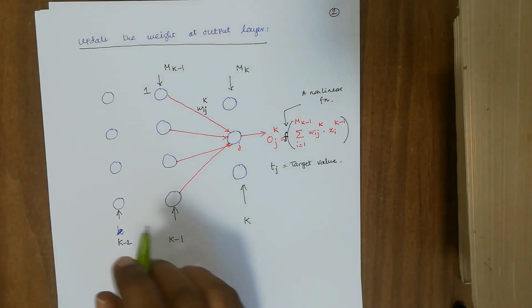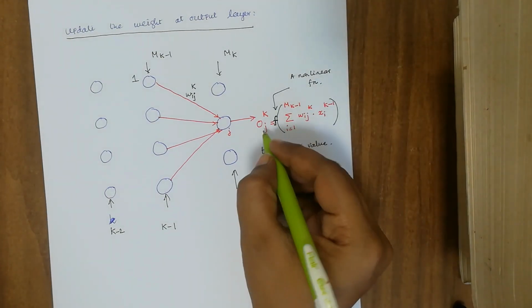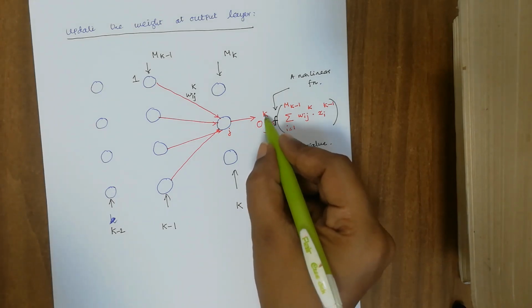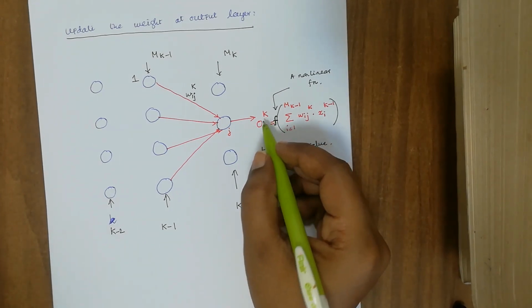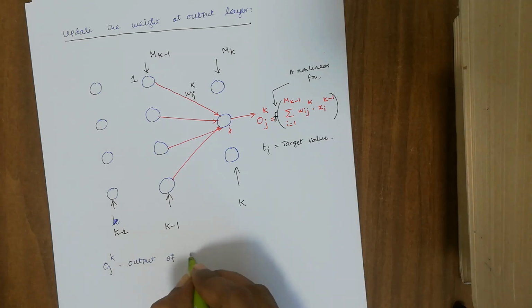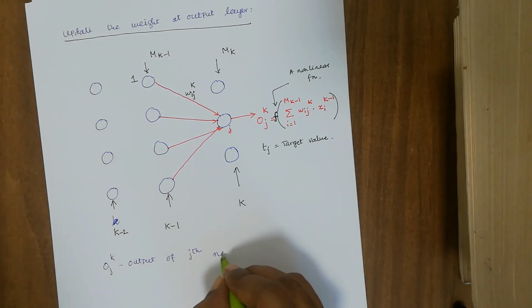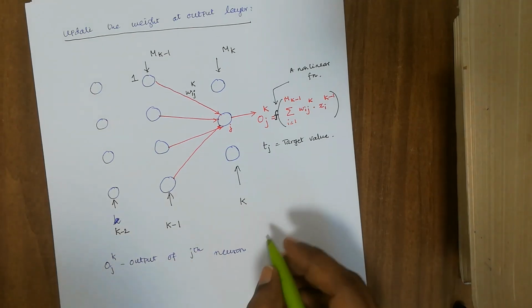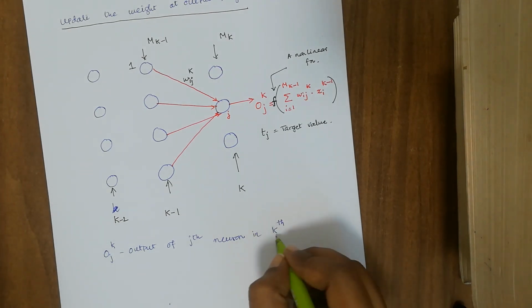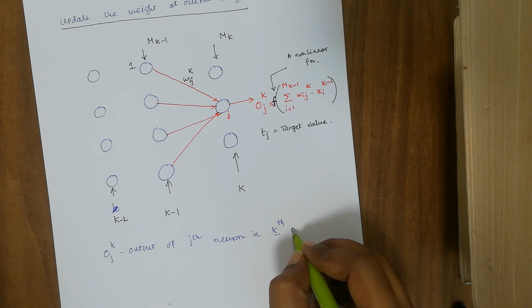So what is this Oj^K? Oj^K represents the output of the jth neuron in the capital K output layer. So let me write Oj^K: output of the jth neuron in K, capital K meaning the Kth layer.